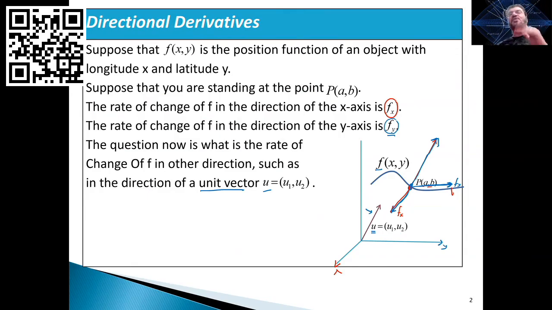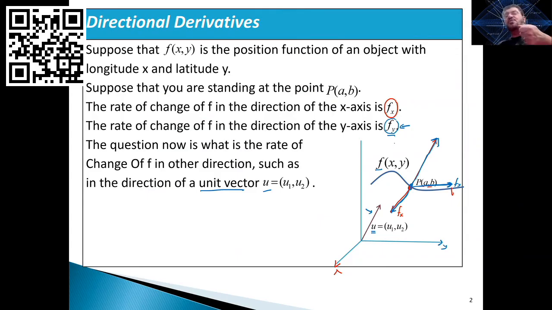Clear? So we know that the partial derivative of f with respect to x is the rate of change of the function in the direction of the x-axis. The partial derivative of the function with respect to y is the rate of change of the function in the direction of the y-axis, which both give me the velocity in these directions. But what if I need to find the rate of change of the function in a different direction rather than the x-axis and the y-axis?